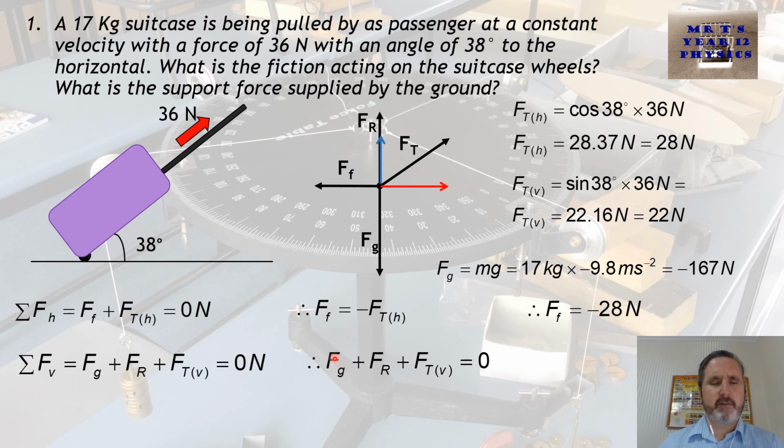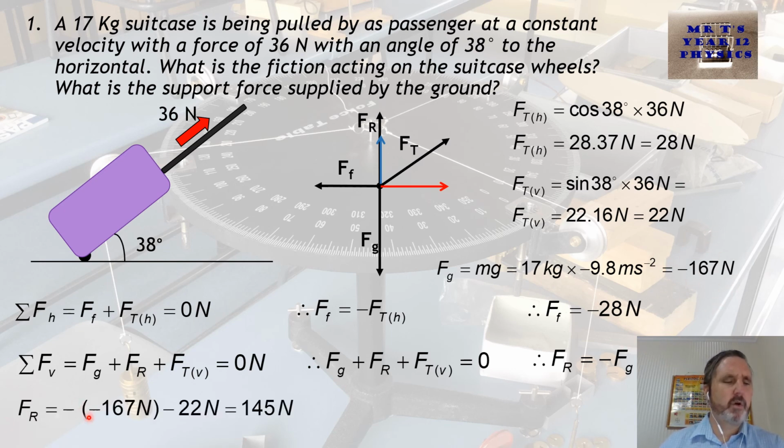So gravity plus the reaction plus the tension equals 0. The reaction force is the one that we don't know, and once I move these two to the other side, it must equal the negative of gravity plus the negative of tension. We know that gravity equals negative 167. So the negative of negative 167 and the negative of 22, and when I add those two up, I get 145 newtons.